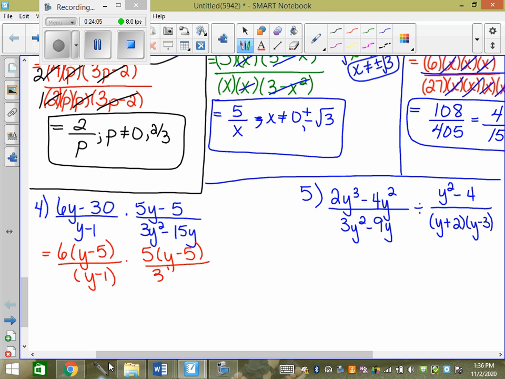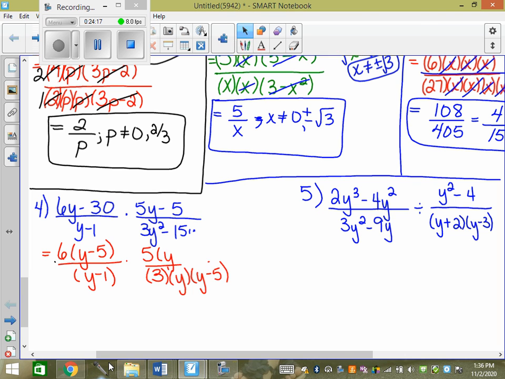A 3y out, and I'm left with y minus 5. Because it's multiplication, I can just write over one denominator, one numerator.